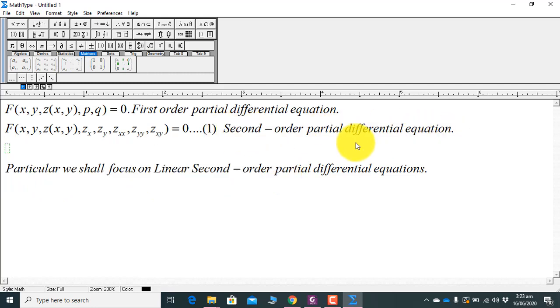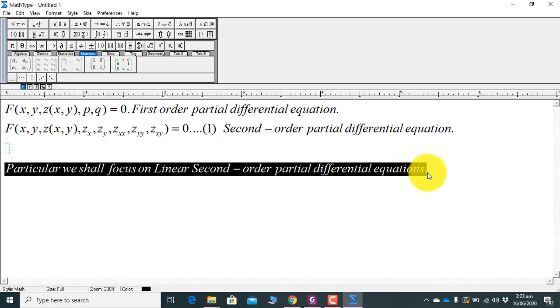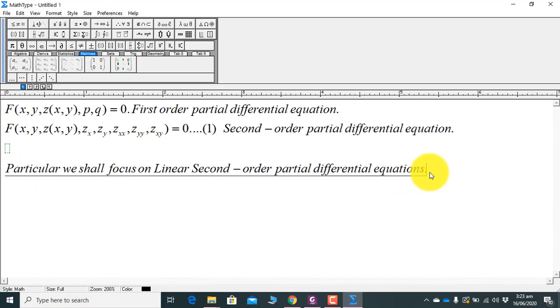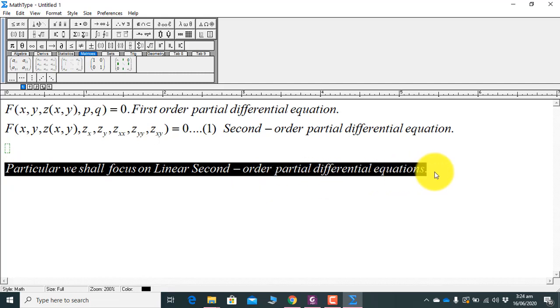So we are focusing our attention on linear second order partial differential equations, and we shall adopt some methods to solve them, which include for example canonical forms and later on some integral transforms and the method of separation of variables as well.